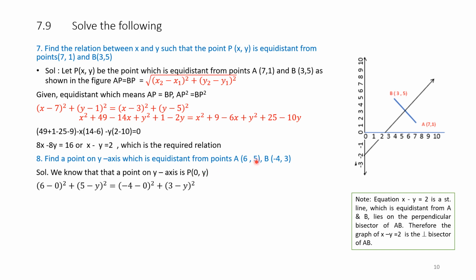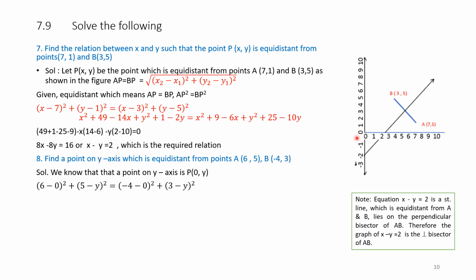Now, we have to substitute in the formula. That is the same: x1 minus x2 whole square plus y1 minus y2 whole square is equal to, on the right-hand side, x2 minus x1 whole square plus 3 minus y whole square.